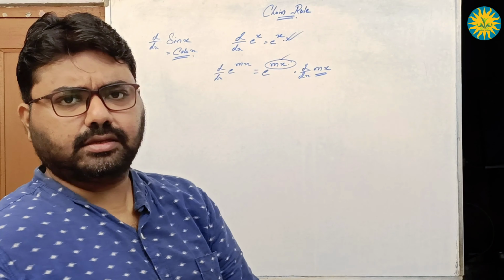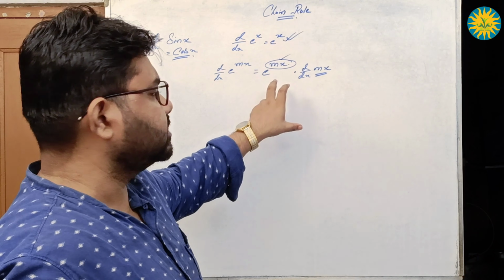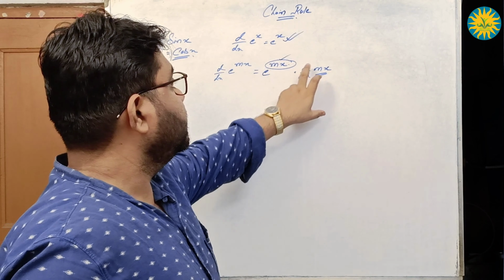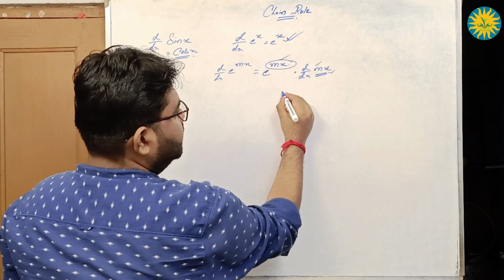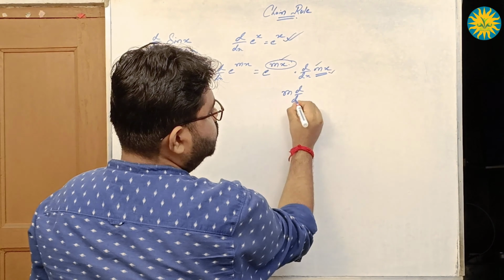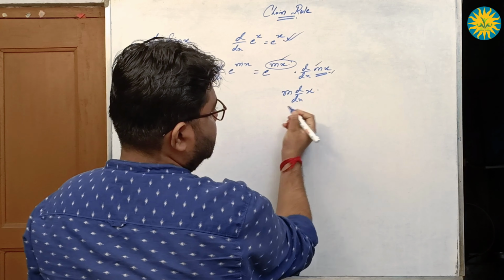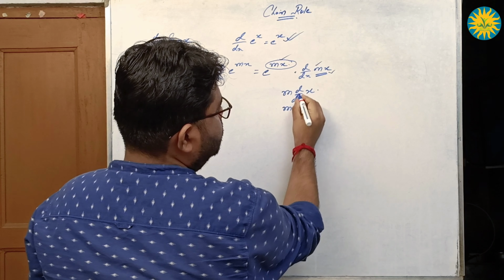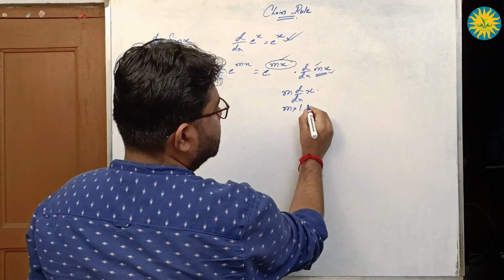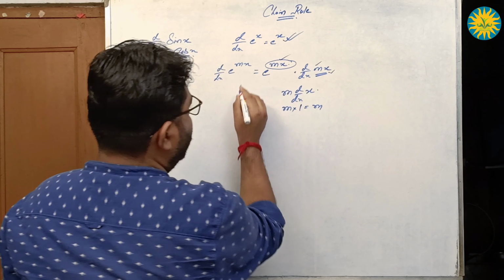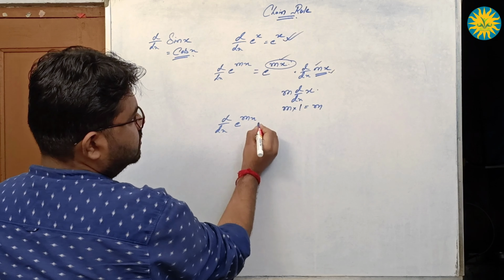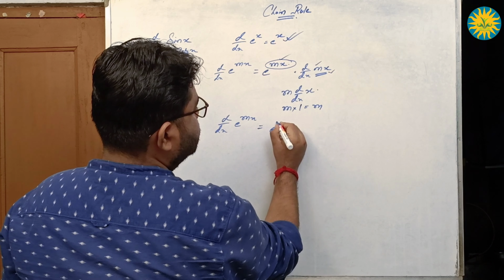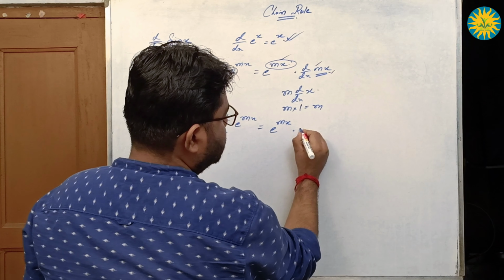Therefore any function other than x will be differentiated again. Now see, m is constant, we can write m into d/dx of x, and d/dx of x is 1, that is m. Therefore the answer of d/dx of e to the power mx will be e to the power mx into m.